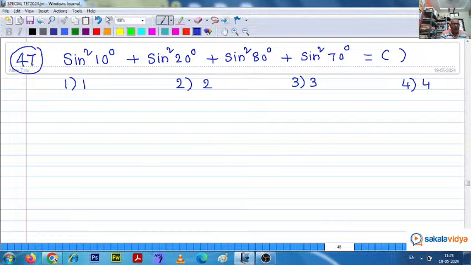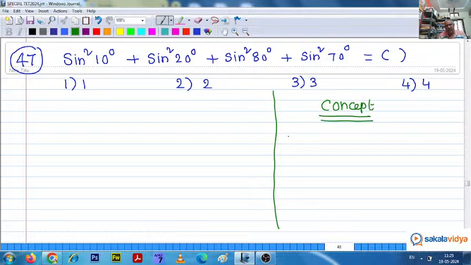Right. See, here we have one concept you should remember. This is a very important concept.